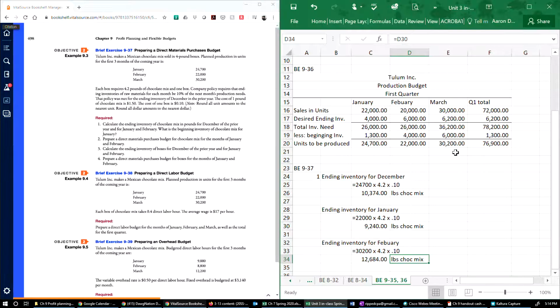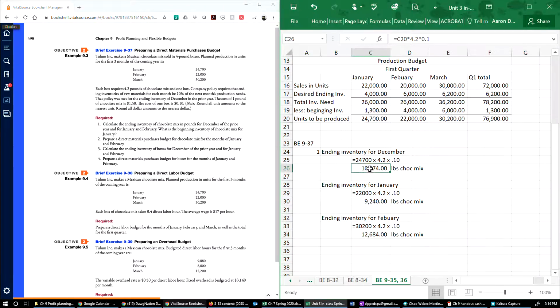Now, the problem asks for one more thing. What was the beginning inventory of chocolate mix for January? Well, we computed the ending inventory for December. So the beginning inventory of chocolate mix for January is just the ending inventory for December, the 10,374.